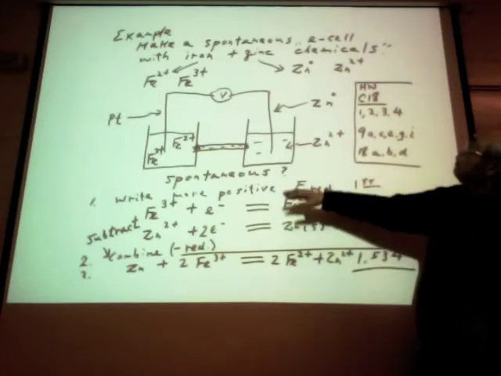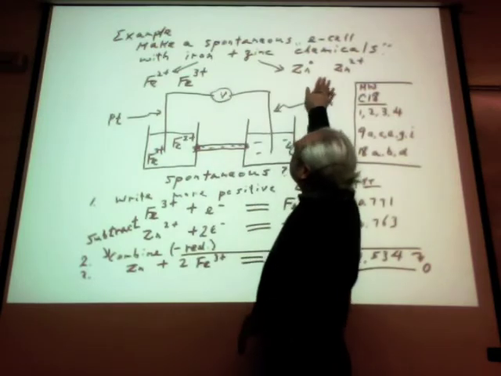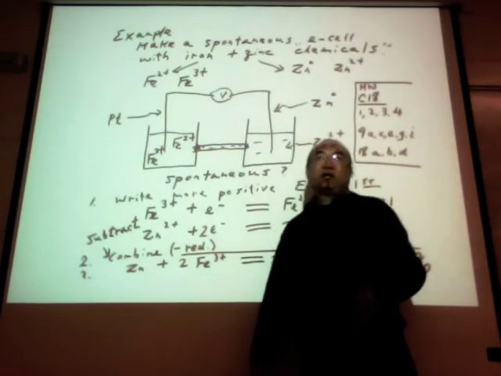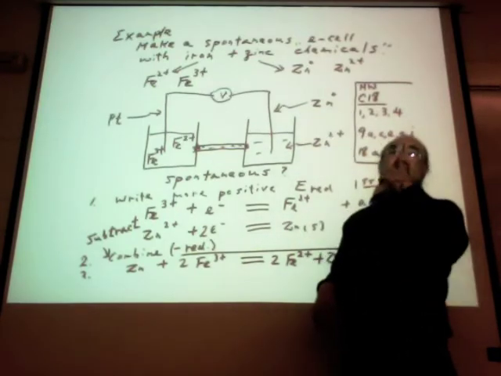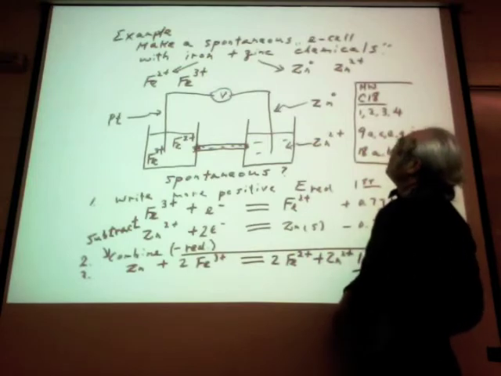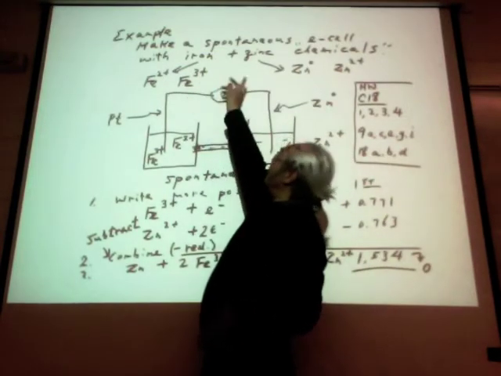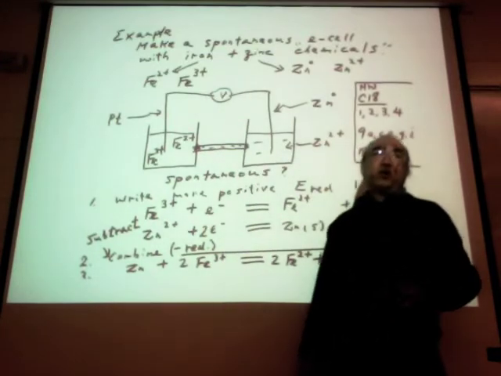Okay. So let's say you're going to make that with iron chemical and zinc chemical. So how would you design a spontaneous cell? So I might give you just like that, iron chemical and zinc chemical, and ask for a workable E cell.